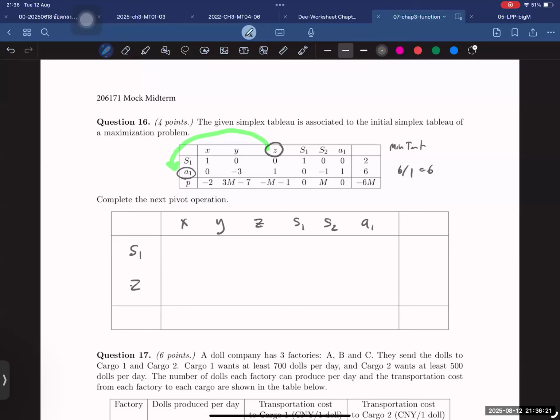So we're going to get the C variable right here and the P. So what we should do is, because this is already 1 and this is 0, now we only need to remove that, make that to be 0. So the first row is kept the same, right? 1 0 0, 1 0 0, and 2 doesn't change anything. The second one, because it's already 1, we didn't change anything.